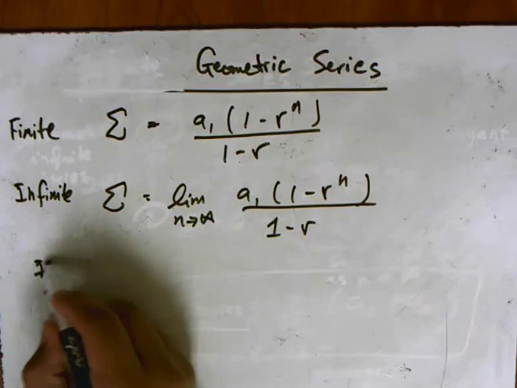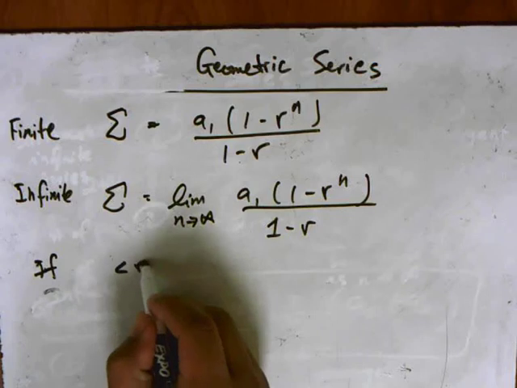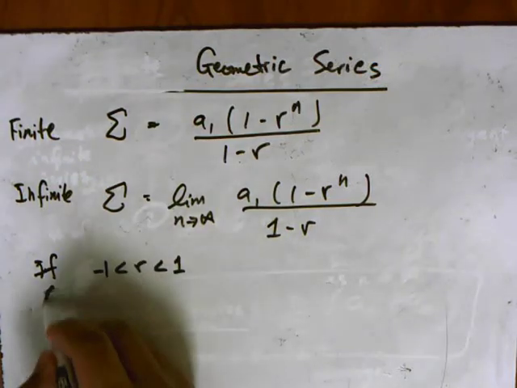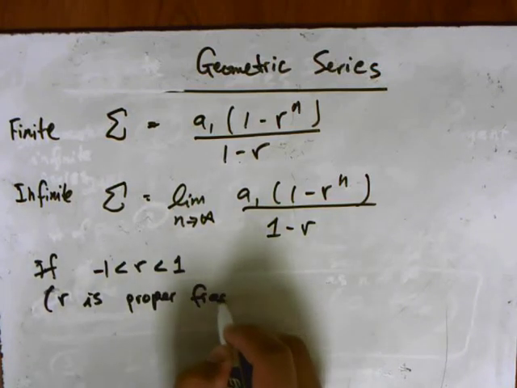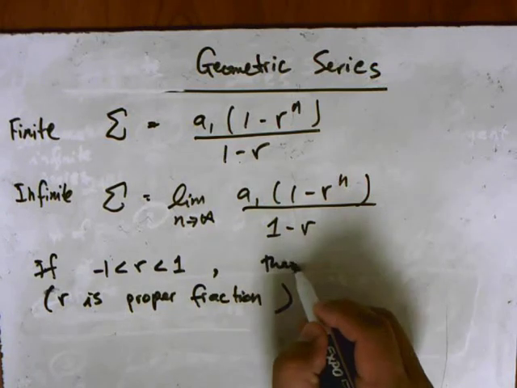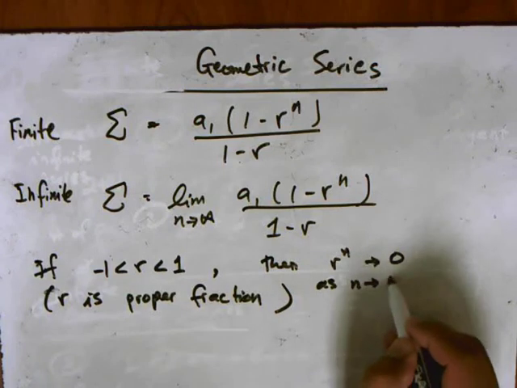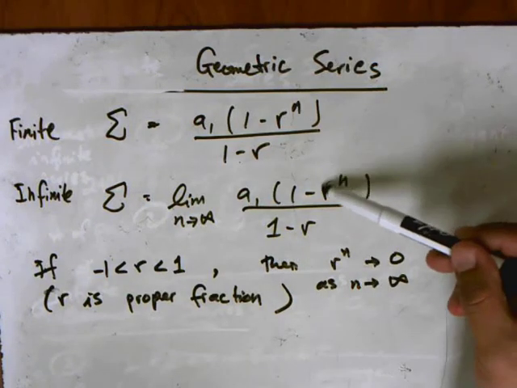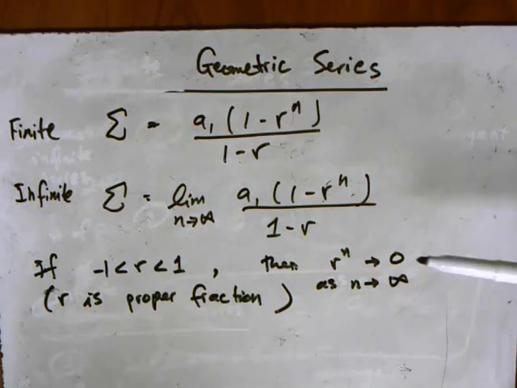But if r is between 1 and -1, in other words, if r is a proper fraction, then r to the n approaches 0 as n approaches infinity. So as the exponent gets bigger, this entire term, r to the n, is going to approach 0, because you're taking a fraction of a fraction of a fraction of a fraction.